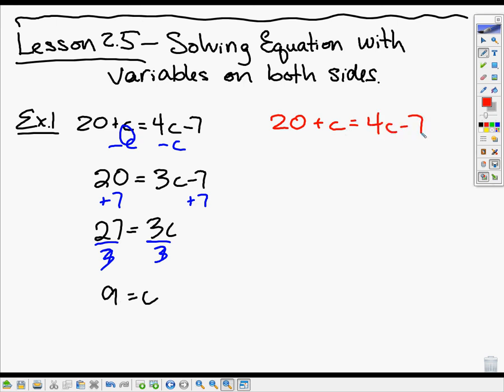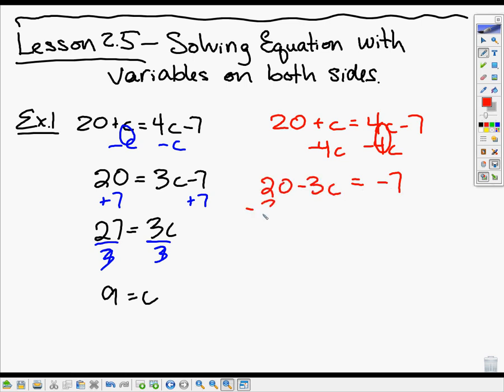just to show you it won't matter which side you collect the variables on, but I do recommend you collect your variables first. If we had decided to go minus 4c from this side, minus 4c from this side, here's where we would get the 0, and on the left we'll have negative 7, and on the right we will have 20 minus 3c.